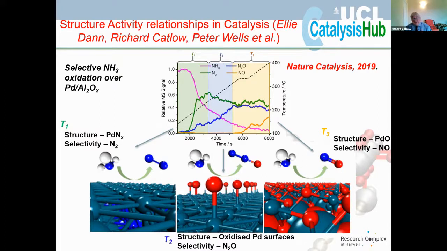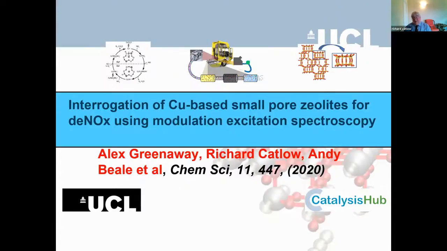If the surface is partially oxidized, that's the graphics in the middle, you get selectivity towards nitrous oxide. You can see that in the mass spec analysis. And if you've got a layer of palladium oxide on the surface, you get selectivity towards nitric oxide. So really, what's happening on the surface is absolutely critically important.